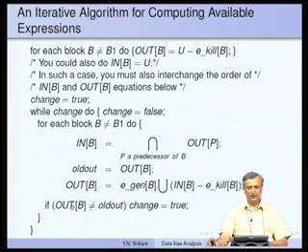Now, if the new value of out b is not the same as the old value of out b, then we set change equal to true. It was set to false here. So, we iterate once more. Once the out sets have all stabilized, in sets would have automatically stabilized. So, we get out, and those are our stable values of in and out.